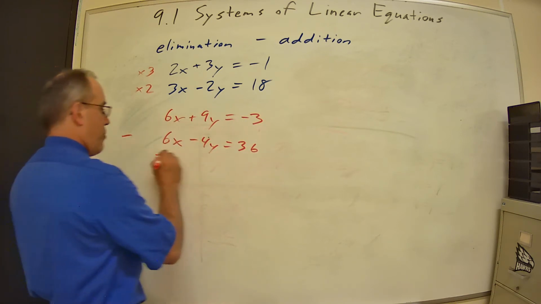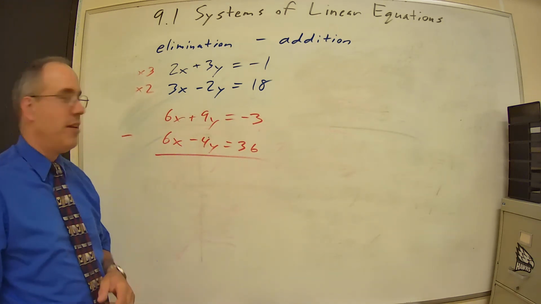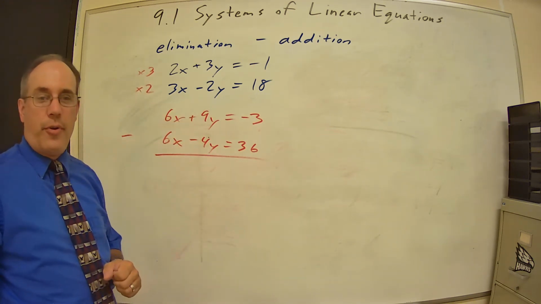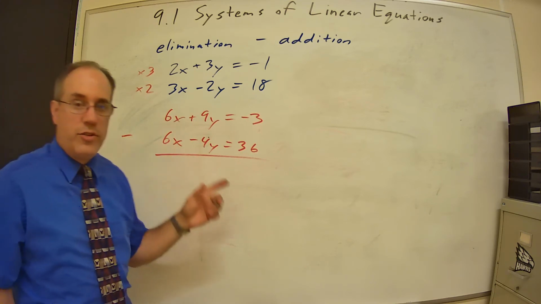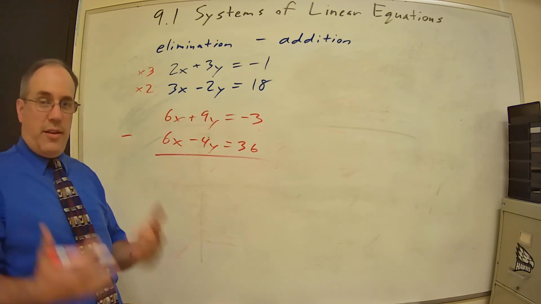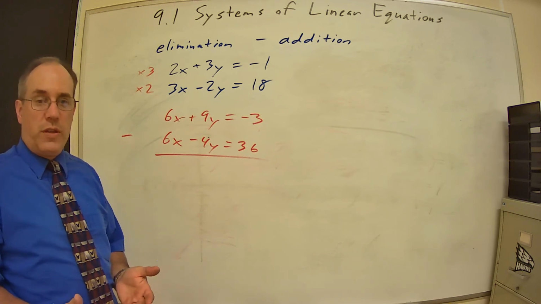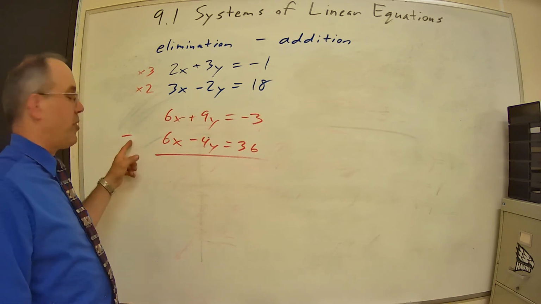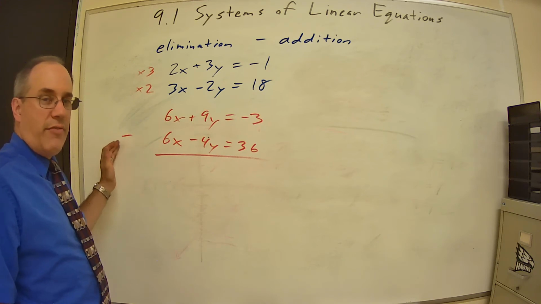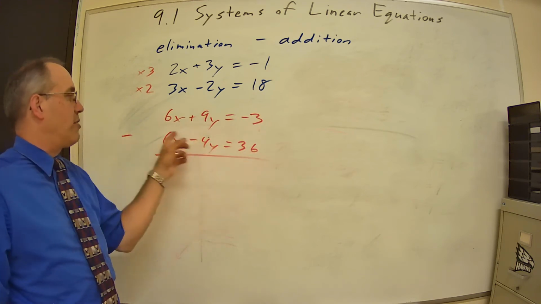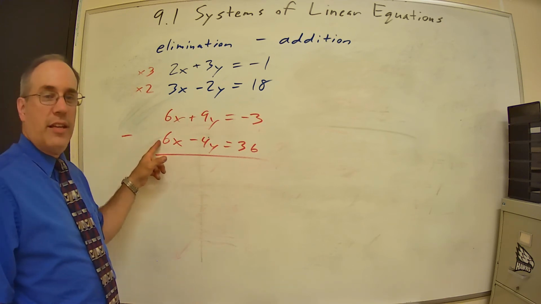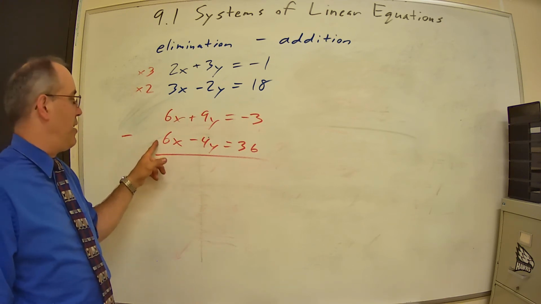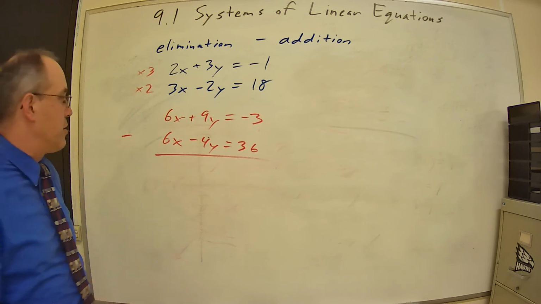If it makes you feel better, put a little line there so you know you're doing a mathematical operation on that. This is very similar to what I do when I'm dealing with dividing polynomials. I will put the negative sign off to the side far enough that it denotes I'm going to subtract this equation from that one, but not where it accidentally gets mistaken as a negation of this coefficient.